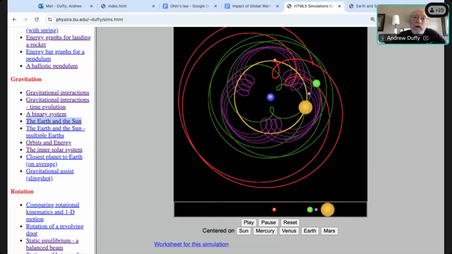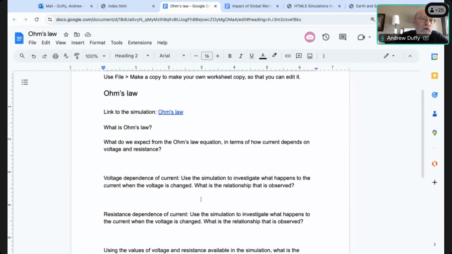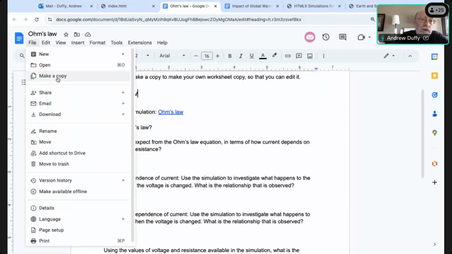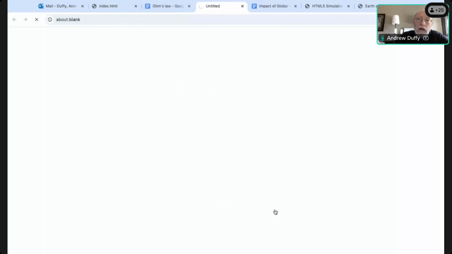Yep. So this is what I do, and this is what I encourage anybody who wants to do it to do. Don't start from scratch. I always start with something like this. Of course, starting from scratch is not hard either. But what I would do here is I would do file, make a copy on just a random sheet. And then I get my own copy, and I can edit that.